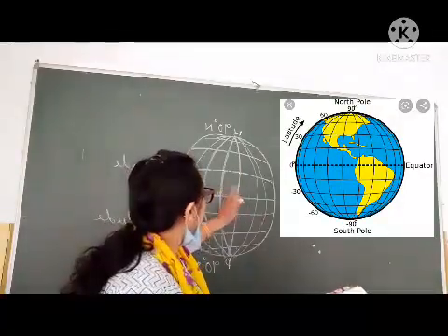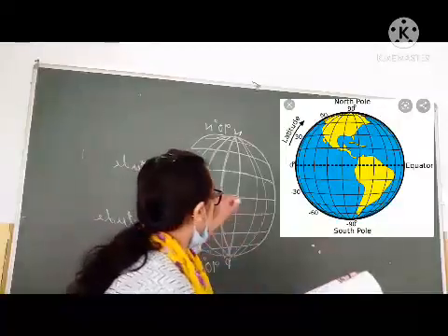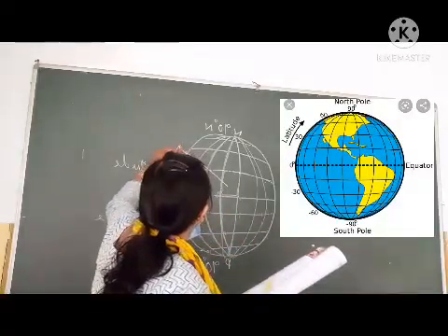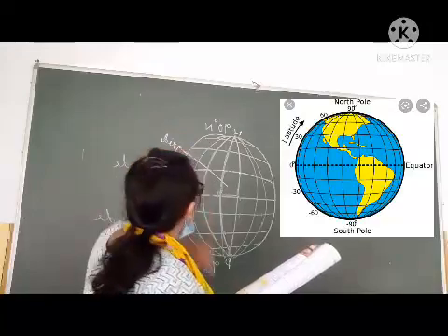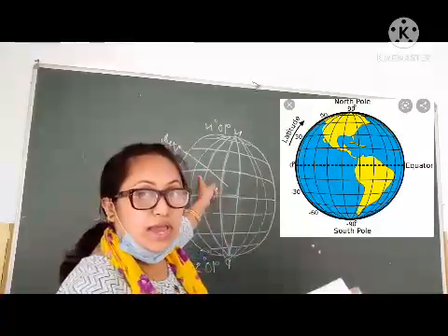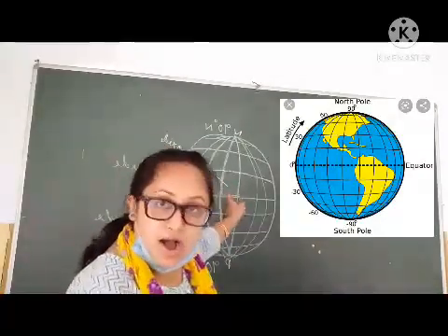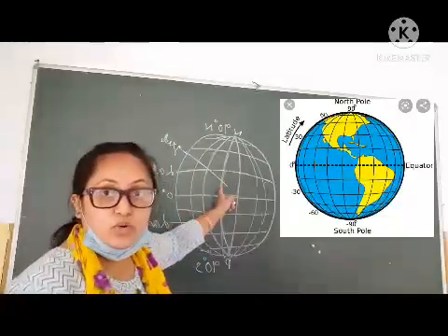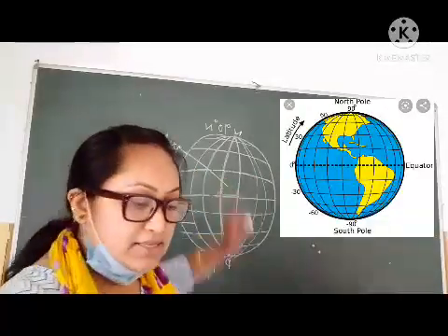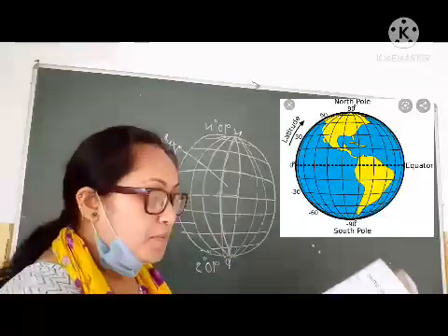So these very boxes are called grids. It helps us to locate places on the earth. With the help of this grid only, we used to locate places on the earth.